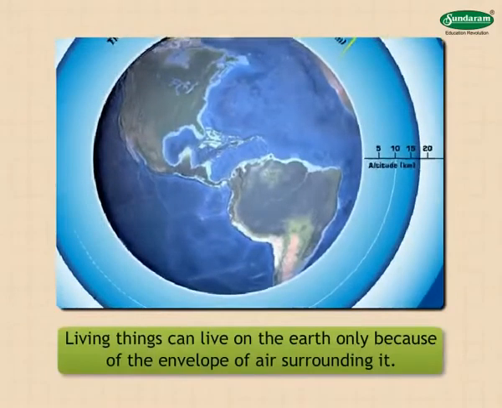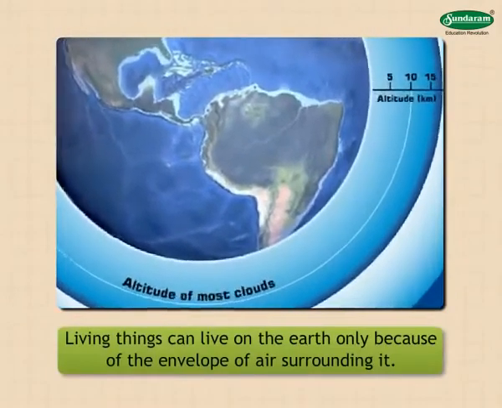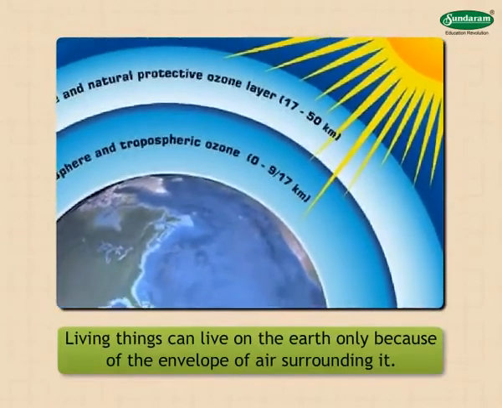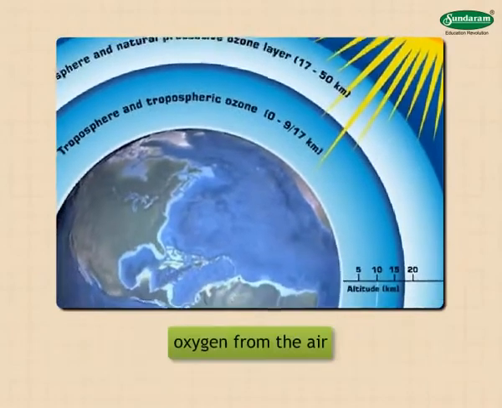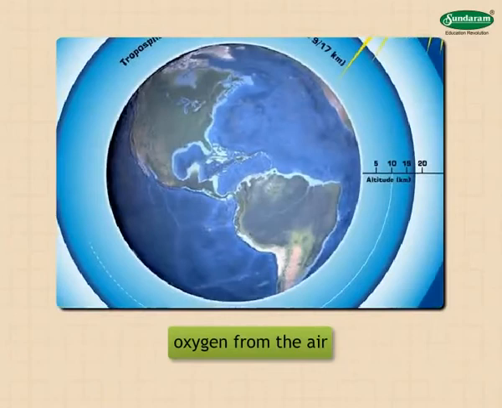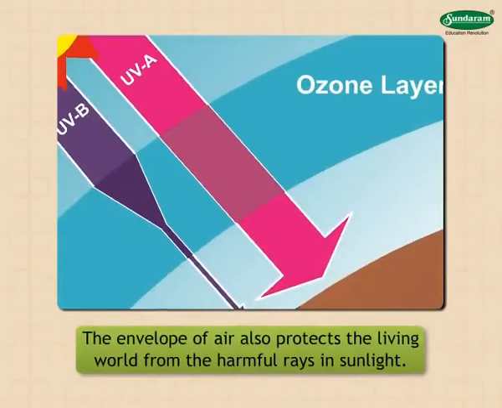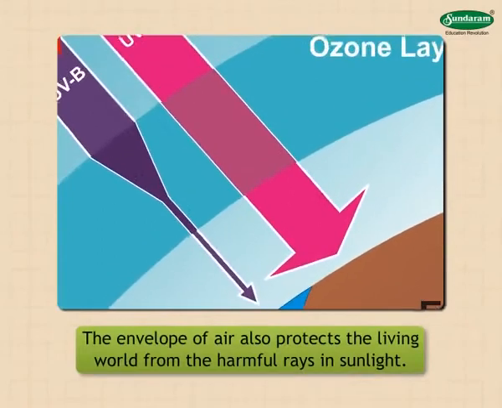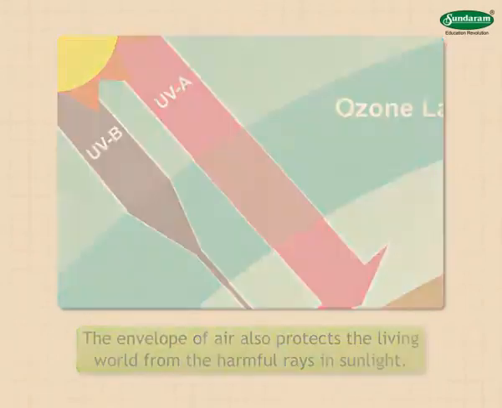Living things can live on the earth only because of the envelope of air surrounding it. You know that oxygen from the air is necessary for their survival. The envelope of air also protects the living world from the harmful rays in sunlight.